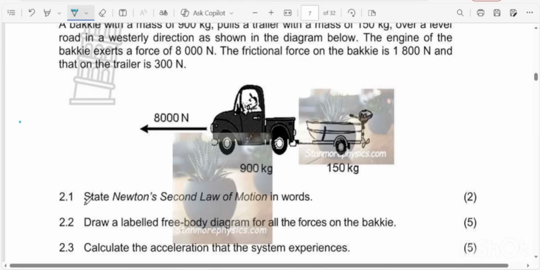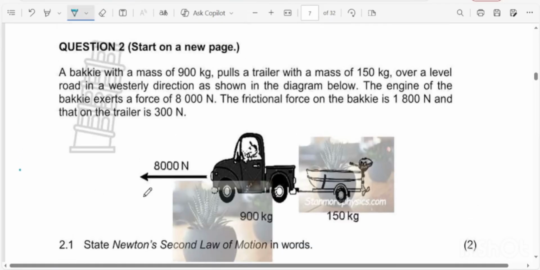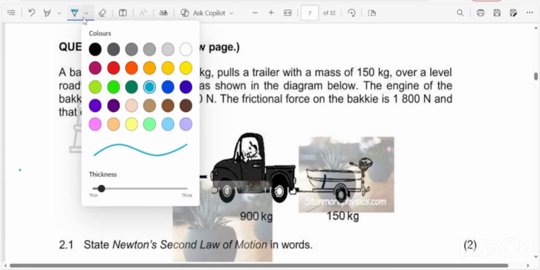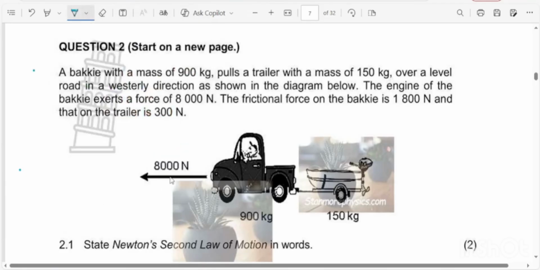So let's start with the first one. It says that on the statement we can see what we have, and this is moving where? To the west. Because of this arrow we can see that the bakkie is moving to the west, and now they say that the engine of the bakkie exerts a force of 8,000 newtons. So this is the F applied. This is my applied force.